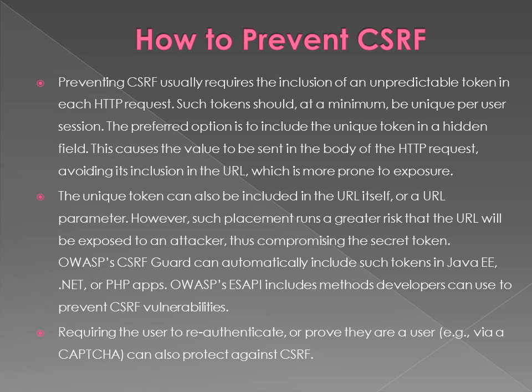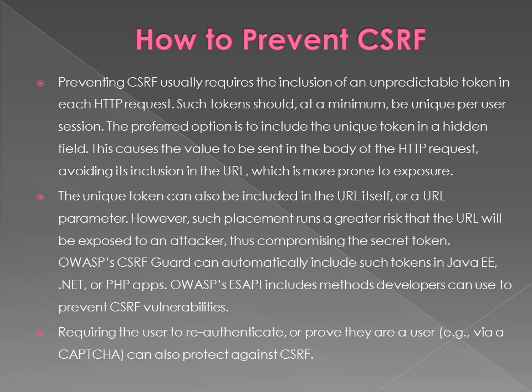How to prevent cross-site request forgery? Preventing cross-site request forgery usually requires the inclusion of an unpredictable token in each HTTP request. Such a token must be unique per user session. The preferred option is to include this unique token in a hidden field.